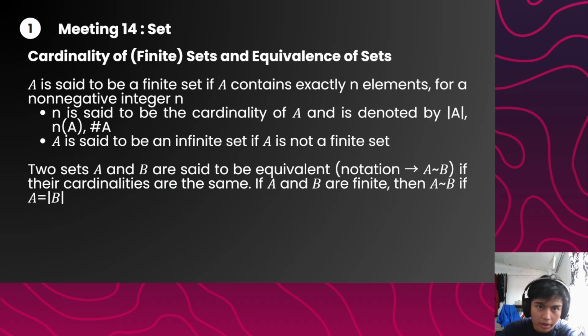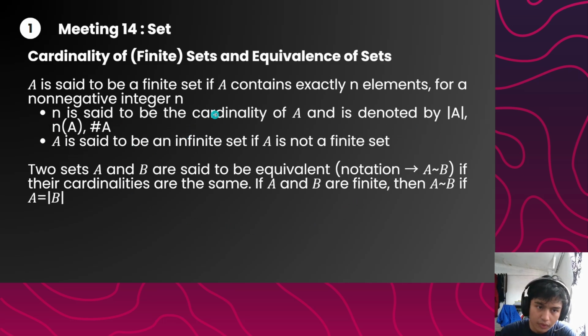Then we have the cardinality of finite sets and equivalence of sets. A is said to be a finite set if it contains exactly n elements for a non-negative integer n. n is said to be the cardinality of A, and is denoted by these three symbols.